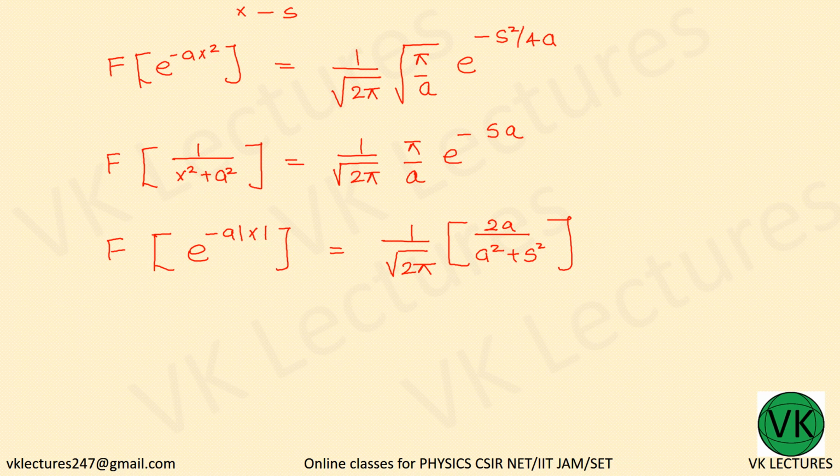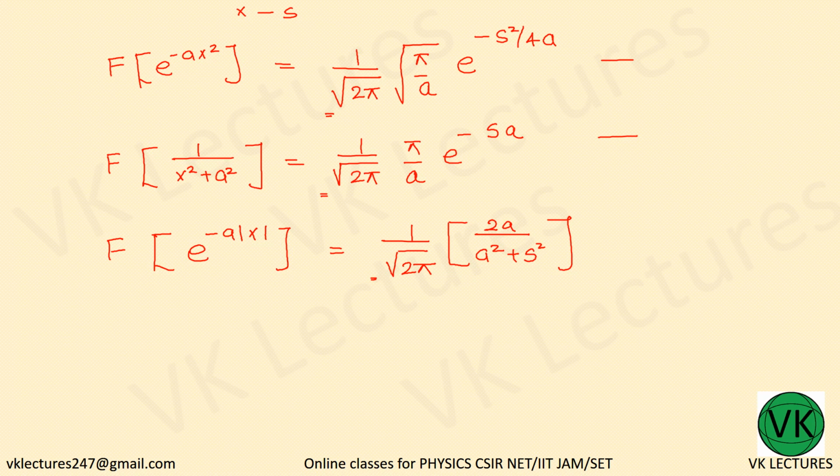Now you can also simplify all these equations, because pi and pi is there, here also pi and pi, but I recommend you to learn in this way because there is enough common terms in all the three, which is 1 by root 2 pi, which you will find in the Fourier transform of certain functions.